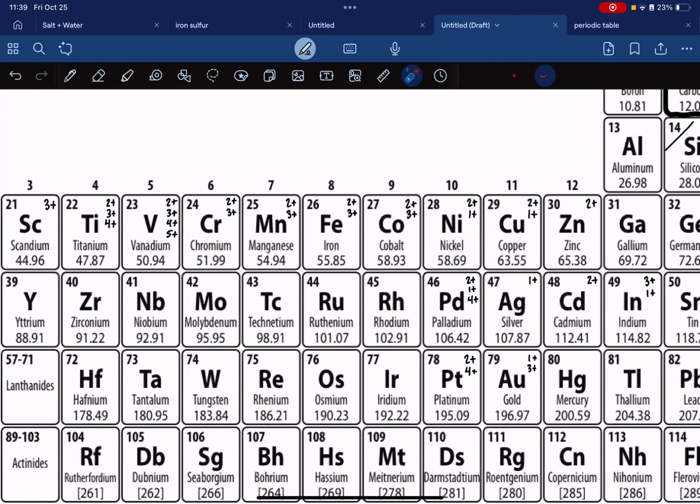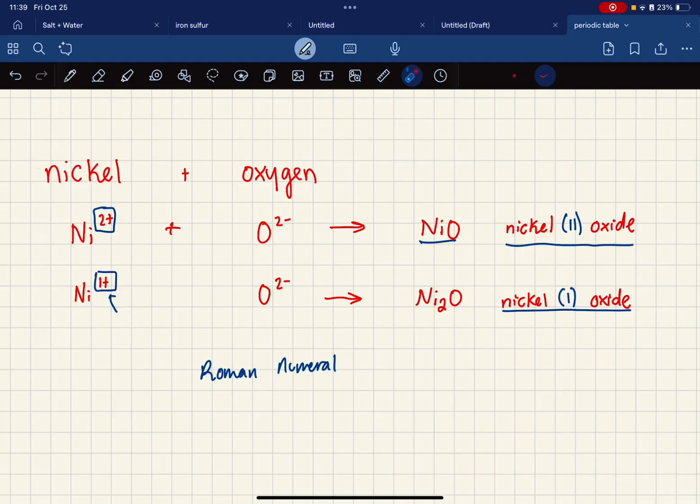So for all of those, for any one that on your periodic table has more than one possibility, we need to denote in the name of our compound which charge we have. So the Roman numeral denotes the charge of the metal ion.